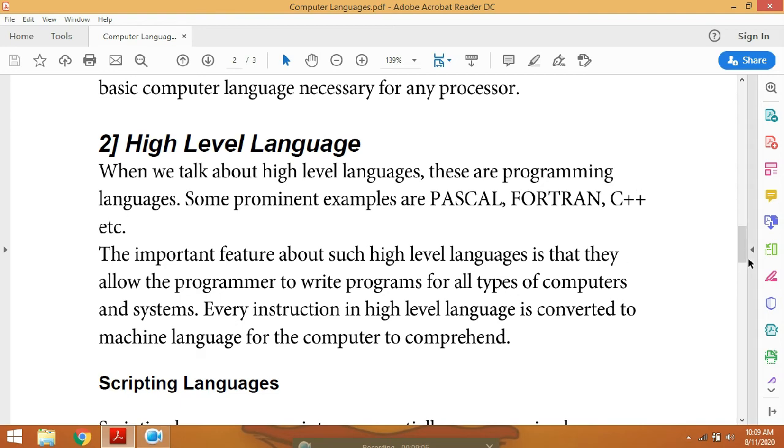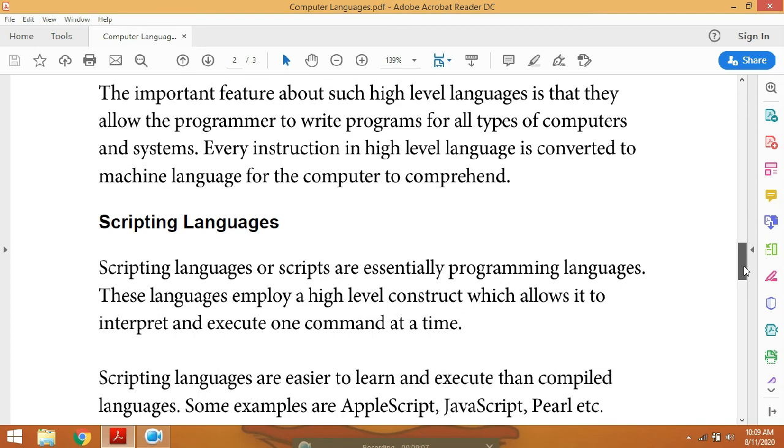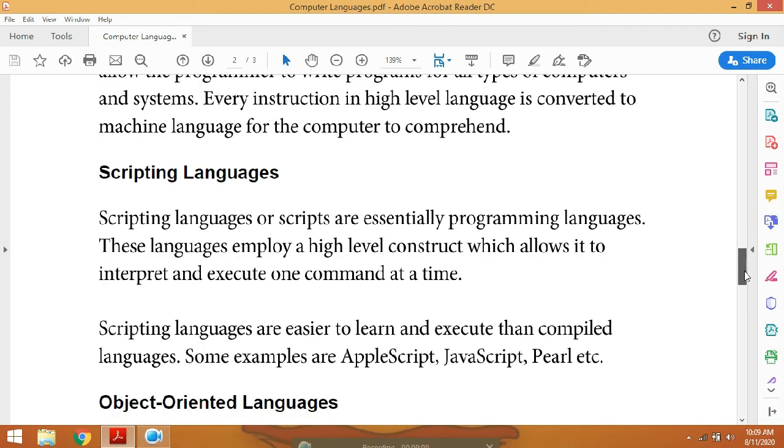Then there are scripting languages. The high level languages are further subdivided into categories. Scripting languages are languages that run with the support of some other languages.